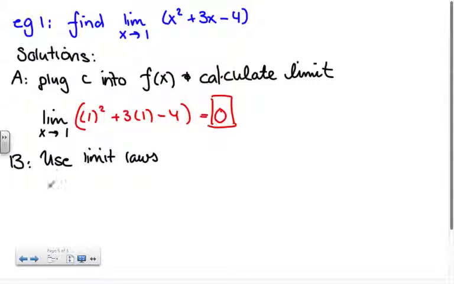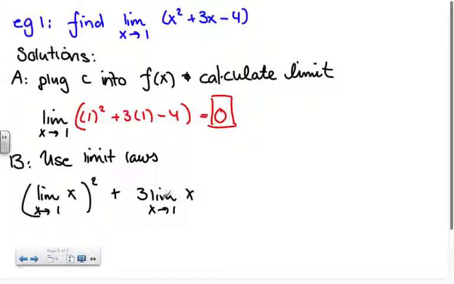This becomes the limit as x approaches 1 of x squared, from using the power rule, plus 3, the limit comes out, limit as x approaches 1 of x. This is from the constant rule.